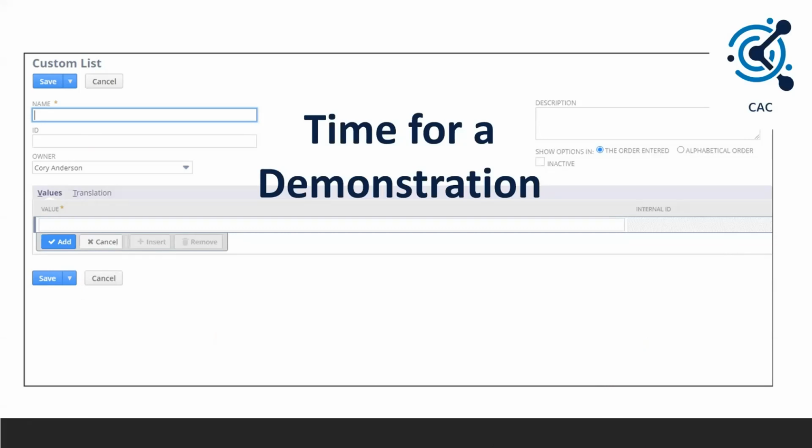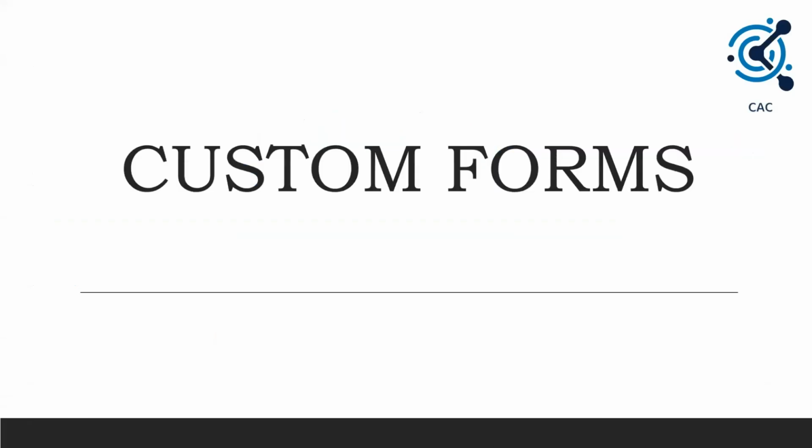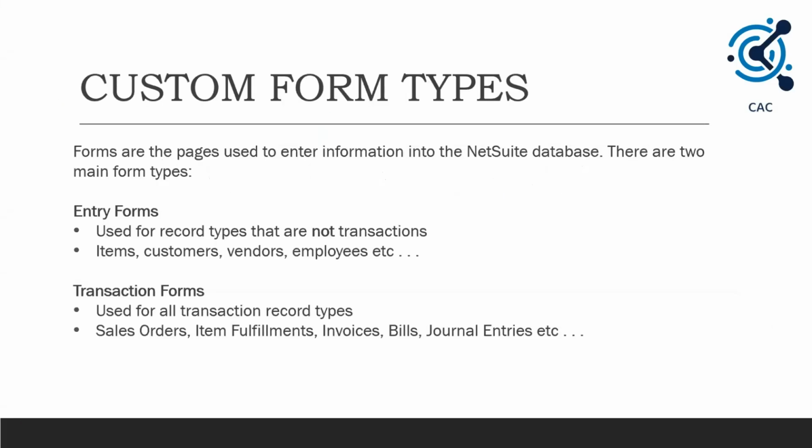All right, let's go ahead and get started again. So next topic we're going to be talking about is custom forms. So custom forms, there's a couple different types. Forms, first of all, are the pages used to enter information into the NetSuite database. There are two main form types. First of all are entity forms.